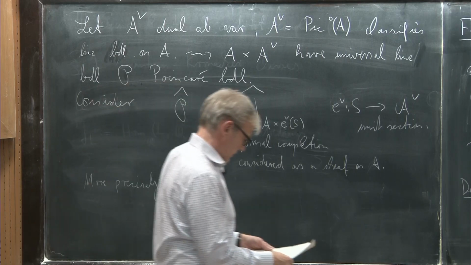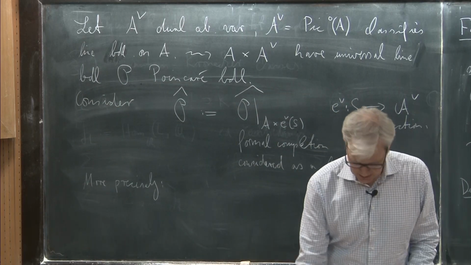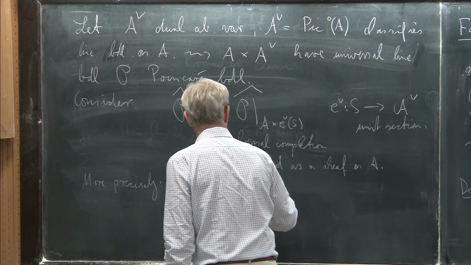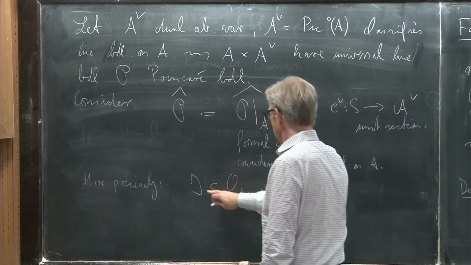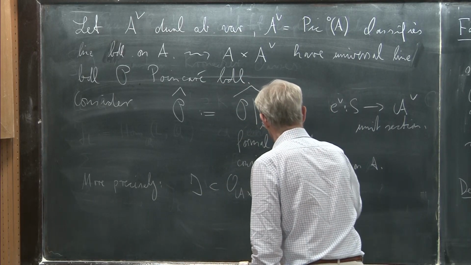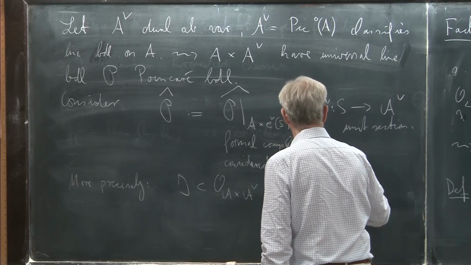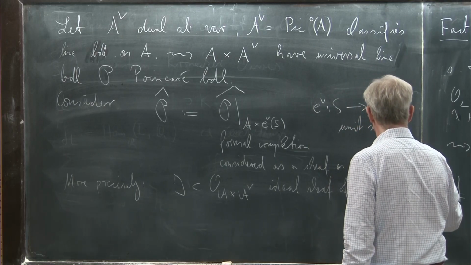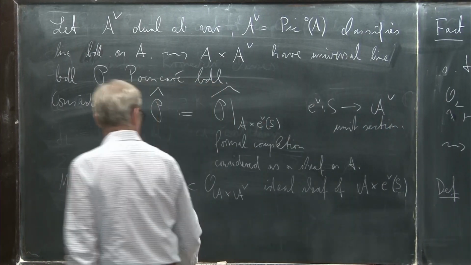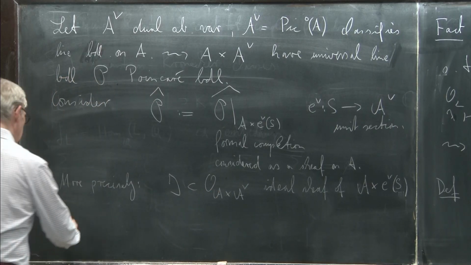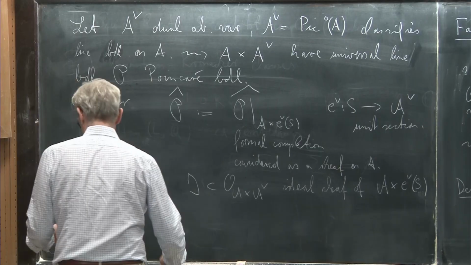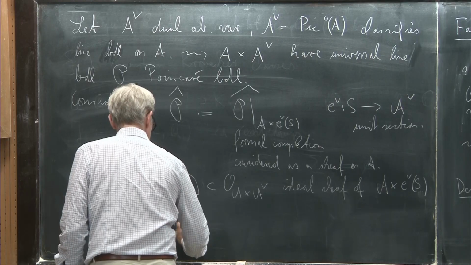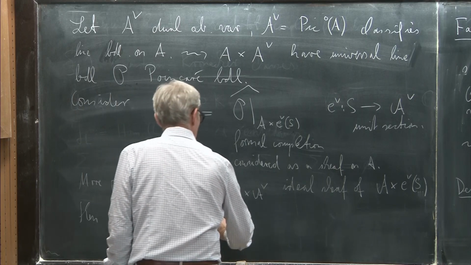So what we do is the following. We let O_{A times A dual} denote the structure sheaf here. We let J be the ideal sheaf of the closed subset A times the unit section of A dual. And then we can look at P hat, which is just the inverse limit over K of the following thing.